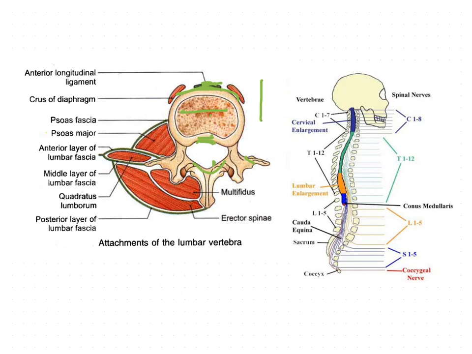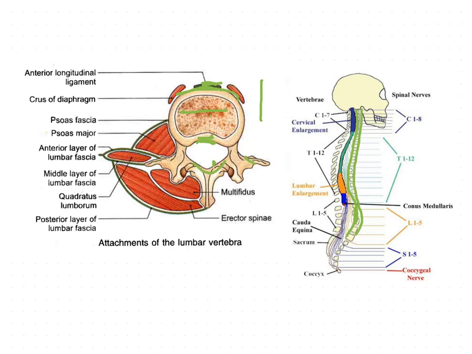So this is the anterior and posterior longitudinal ligament. If you look at the entire vertebral column, the anterior longitudinal ligament is present here and the posterior longitudinal ligament is present behind the bodies. Okay, so this one is the posterior longitudinal ligament. So the upper and lower borders give attachment to the anterior and posterior longitudinal ligaments in front and behind the body respectively.